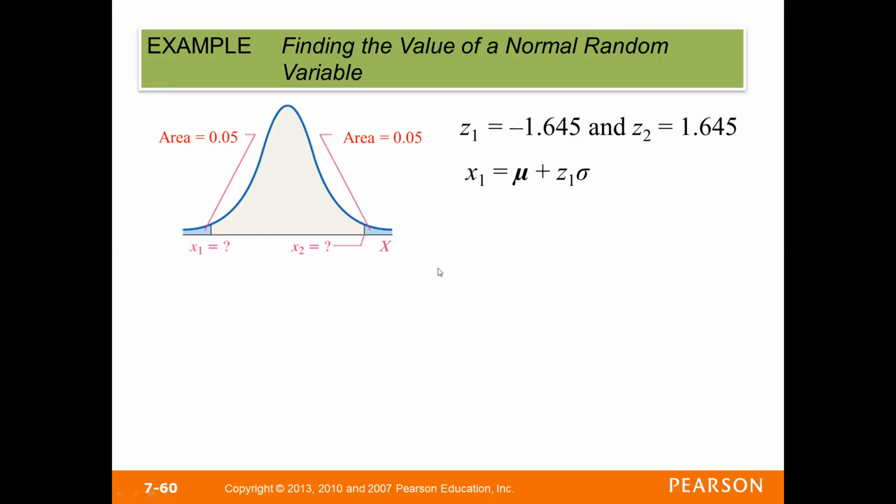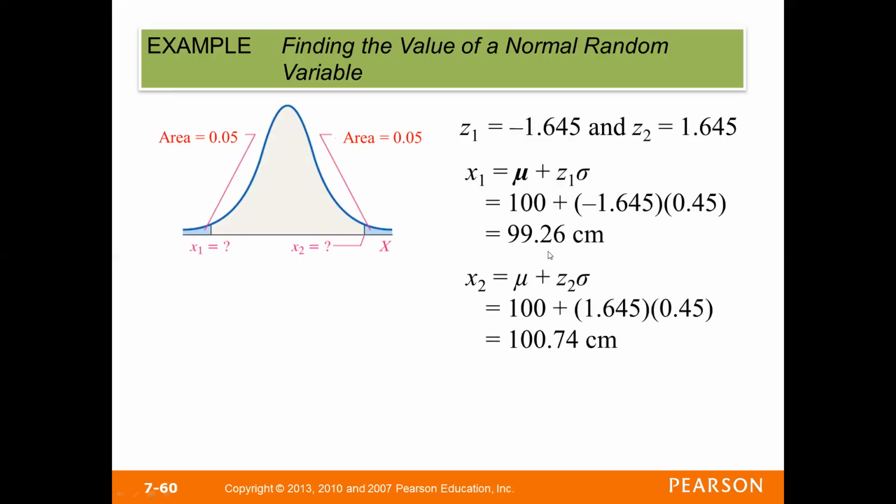So I'm going to take the mean and add on this first z value times sigma, giving me 99.26 centimeters. I'll do the same thing for the other one, giving me a length of 100.74 centimeters. So as long as the rod that comes off the line is between these two values, I'll accept it.